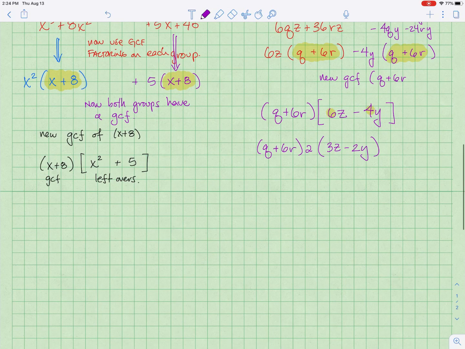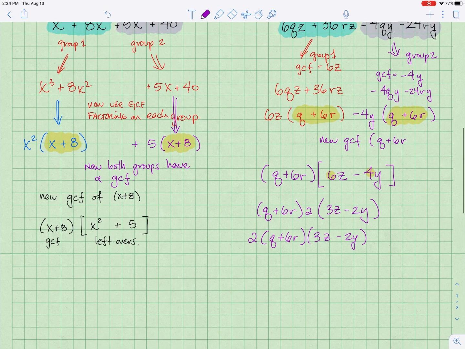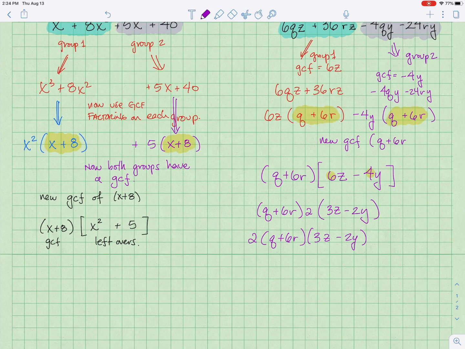We often rearrange that with our lone coefficient out front, so maybe we would write this as 2 times q plus 6r times 3z minus 2y. That's just more GCF factoring, but the factor by grouping technique is really illustrated up in the earlier step, as we break them up into two groups and we look for a new common GCF between the groups. And that's factor by grouping.